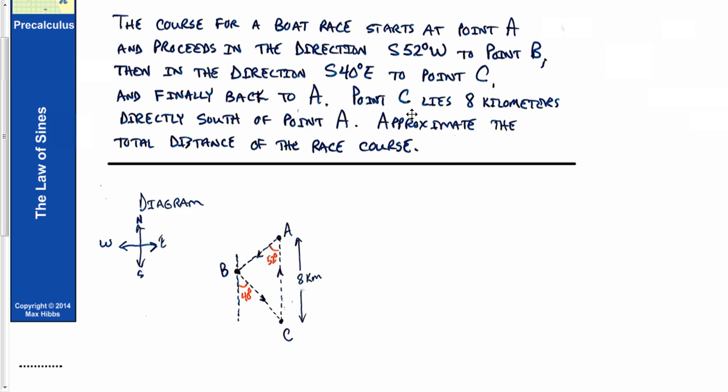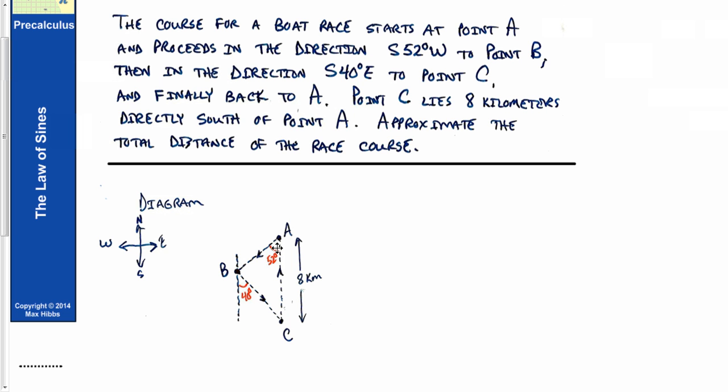Okay, and it also says point C lies 8 kilometers directly south of point A. So we know that this distance is 8. I'm going to use also the idea of point A as angle A, point B as angle B, point C also is going to refer to angle C. So if this is angle B, then this is side b.